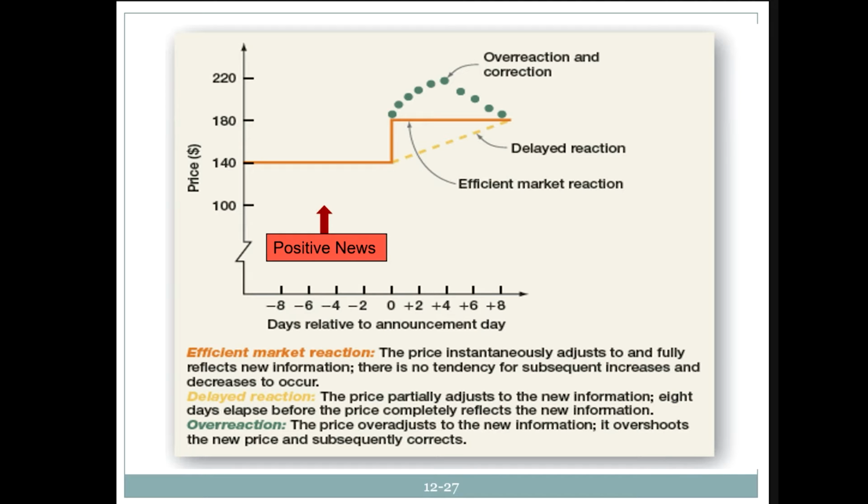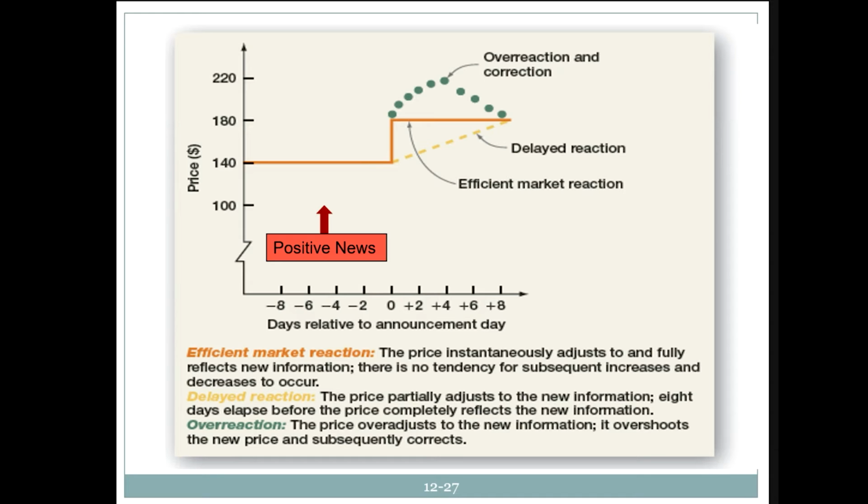Right? So what we want to know is, in either of the other cases, so in the green dots or in the yellow dashes, there is some inefficiency in the market that could allow a person who observes those inefficiencies and correctly deduces that they are inefficiencies to trade on those inefficiencies and capture an excess return. Right? So I see that the market is having a delayed reaction to this positive news.